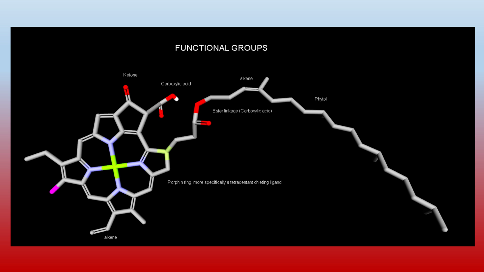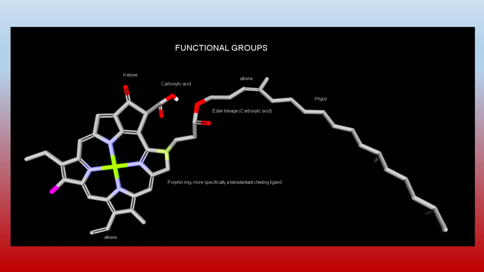Down the carbon chain from there is an alkene. And this signals the beginning of this long chain of carbons that was brought up earlier that is called a phytol. Turning back to the main structure, there is an alkene indicated at the very bottom of the planar structure.